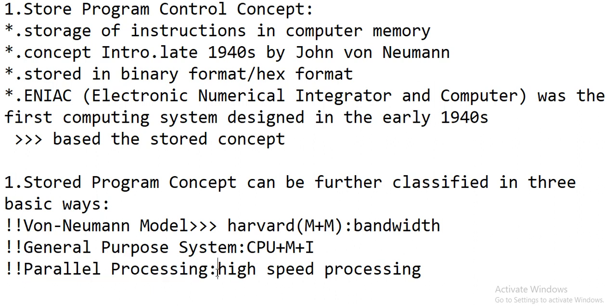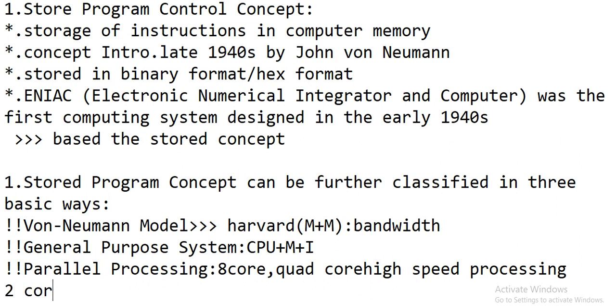Parallel processing: if we are talking about an 8 core processor, that is an octa core processor. We have also heard of the quad core processor. The meaning of parallel processing is that you are transferring multiple data bits at once.